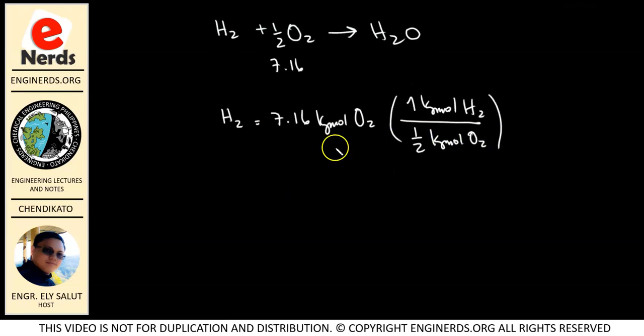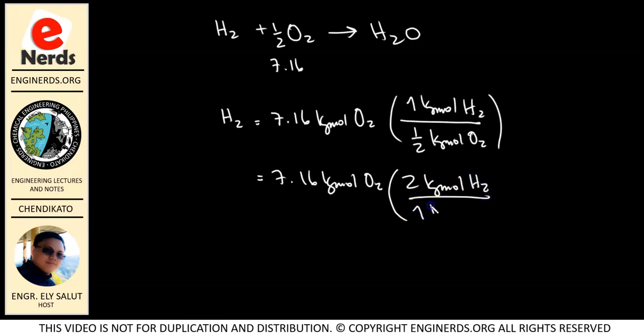So in our fractions, we have 7.16 kilogram mole of O2 times 2 kilogram mole of H2 over 1 kilogram mole of O2. We just shifted the 2 from our denominator to our numerator, so this will be cancelled out.